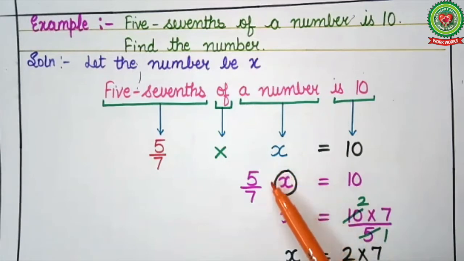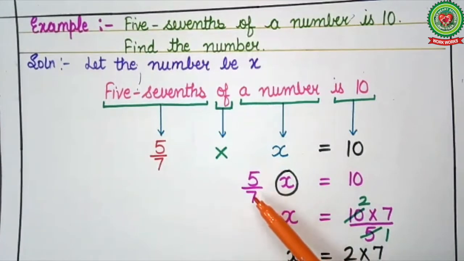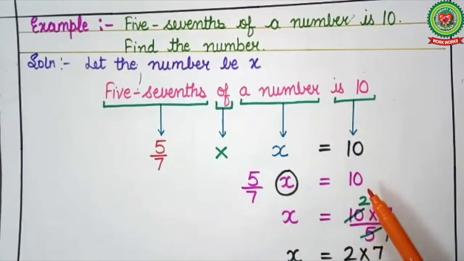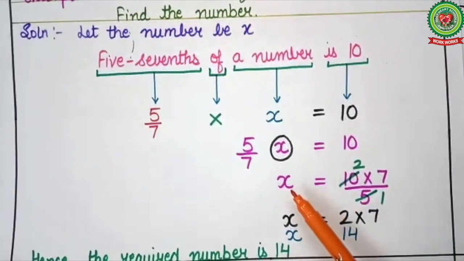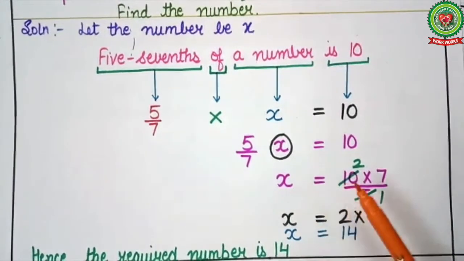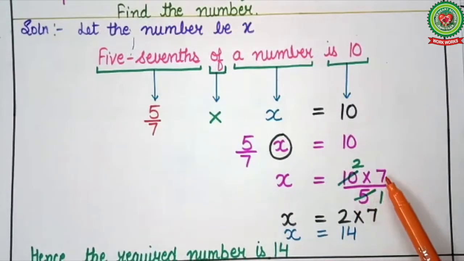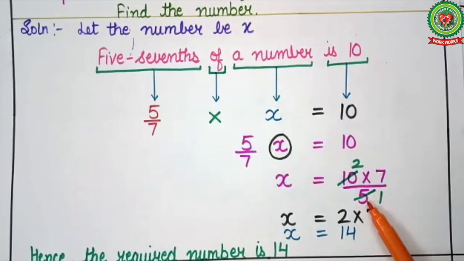Here lock the variable. Now simple, here you have to remember, when we shift a fraction towards the other side, we will reciprocate it. So here it comes, x equals to 10 multiply 7 upon 5.